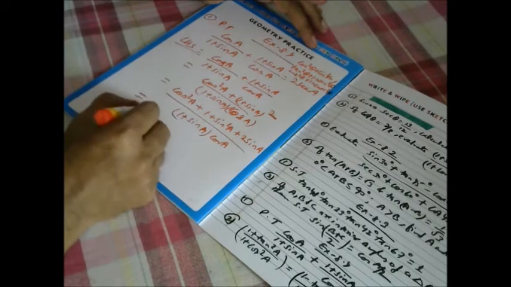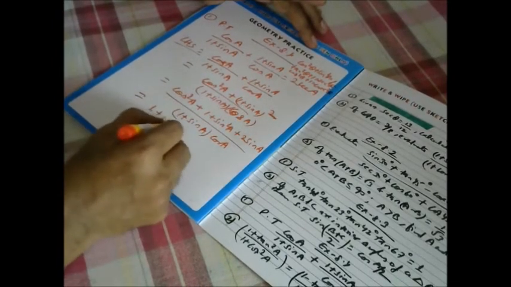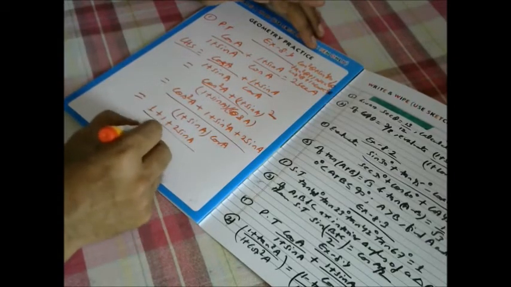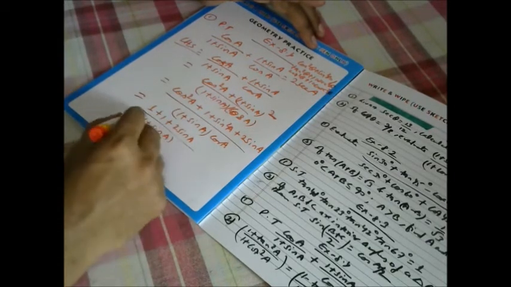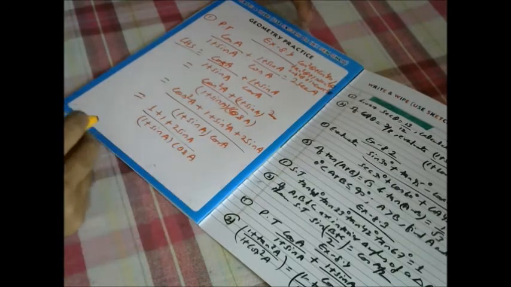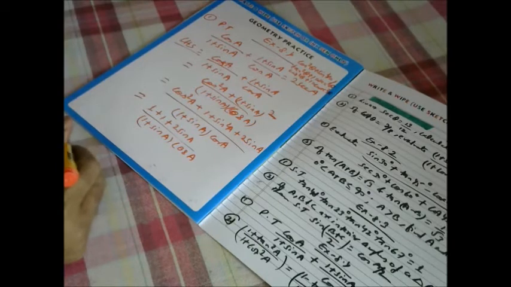So 1 plus 1 plus 2 sin A divided by 1 plus sin A and cos A.